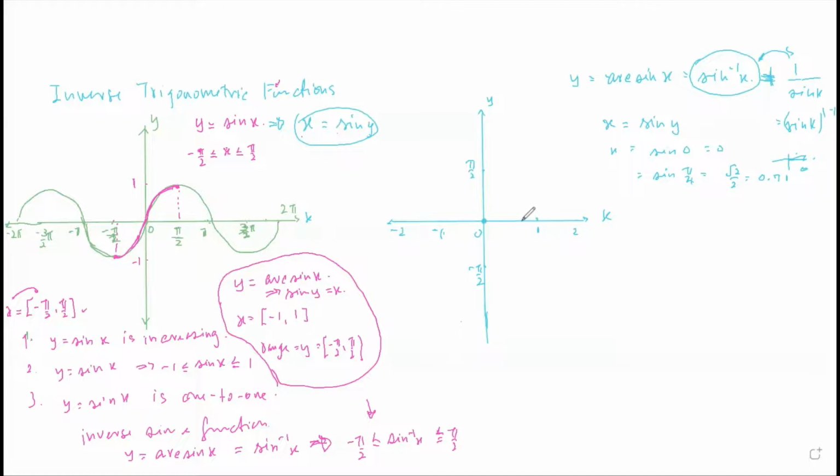So somewhere here, right? x is going to be 0.7 here, when it's pi over 4, so about half of this one. So it's going to be right here, about here, okay?